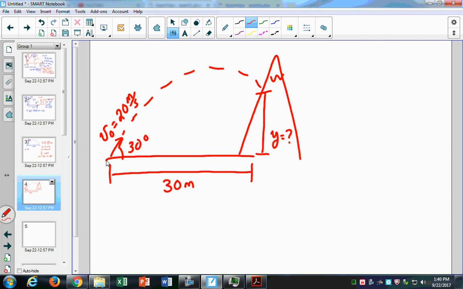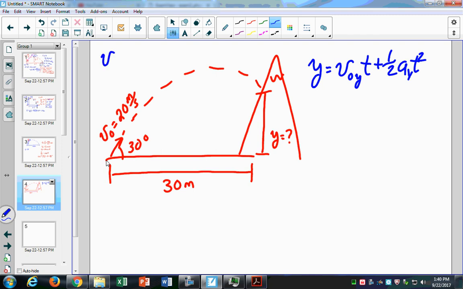Okay, well, in this one, I know that y is equal to v naught y times t plus 1/2 a y t squared. And so in order to solve this, I would have to find t, because I know v naught y.